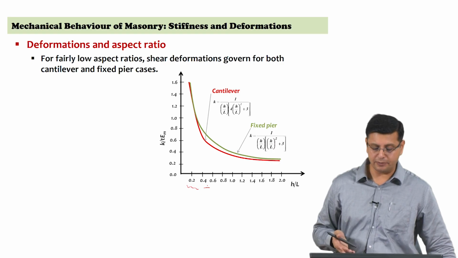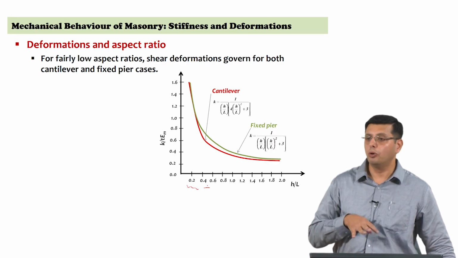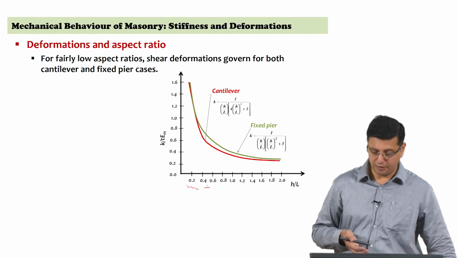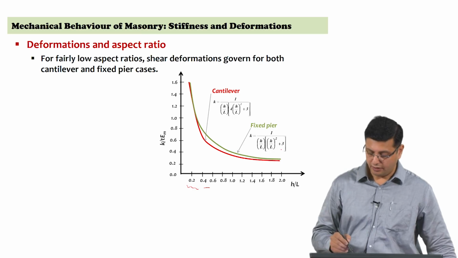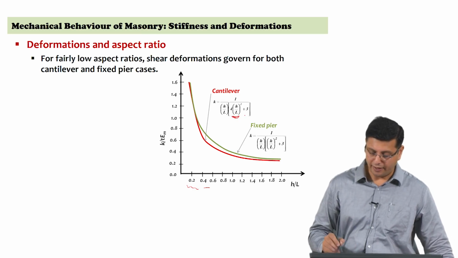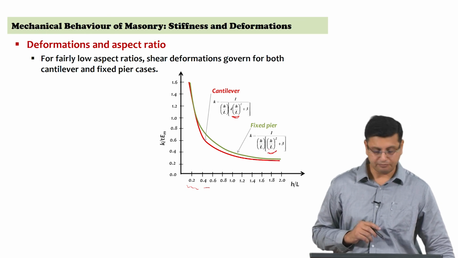So, for fairly low aspect ratios, the shear deformation is what will govern for both the cantilevered profile and the fixed pier cases, and that is really because of the way the expressions pan out in terms of what is in the denominator. Okay.